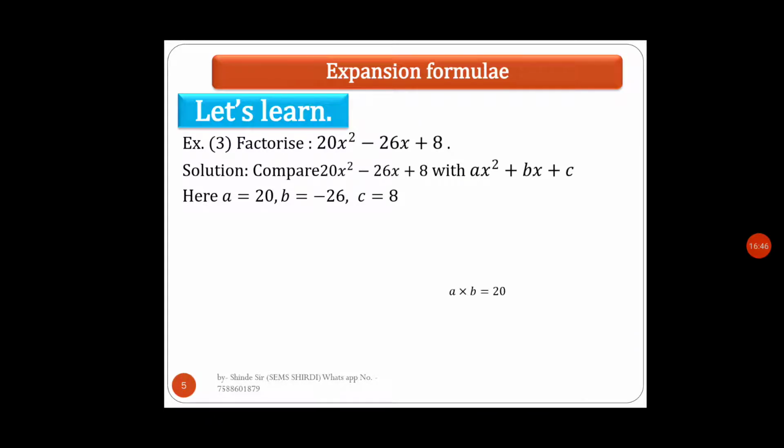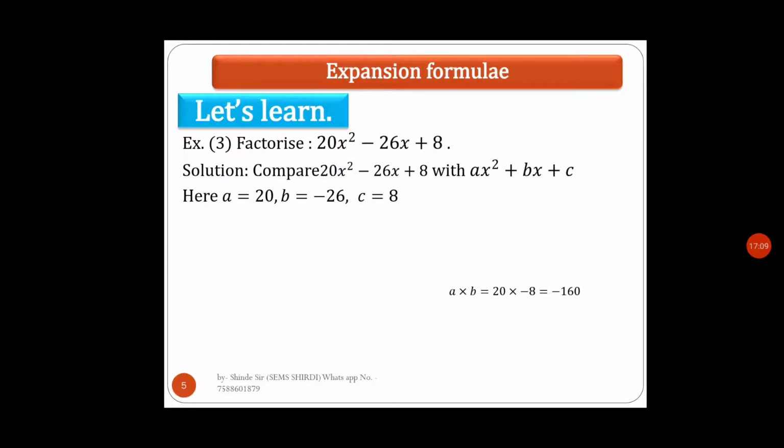Okay. Now again we take the product of a into c. Here the typing mistake again. Here the 20 into 8 is equal to 160. Here again we find out the factors of 160 whose sum is minus 26.